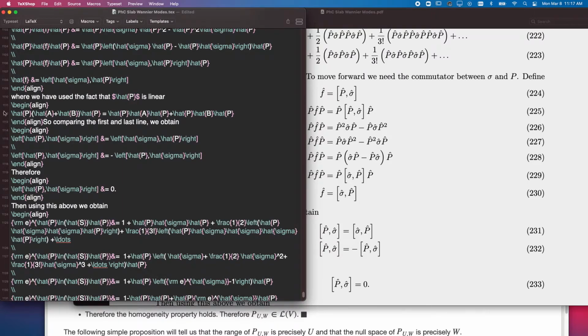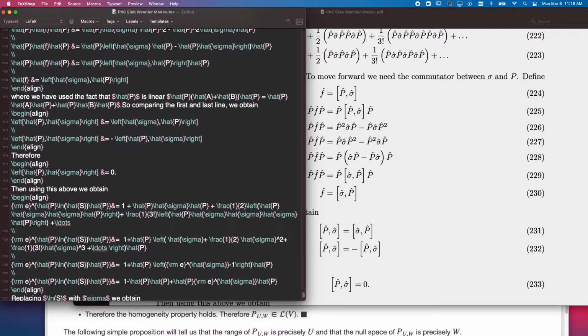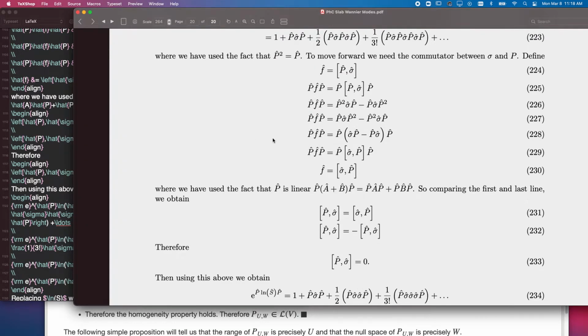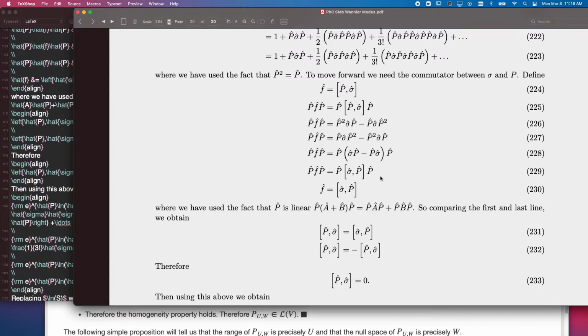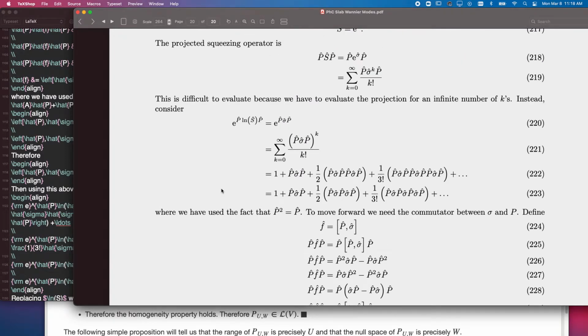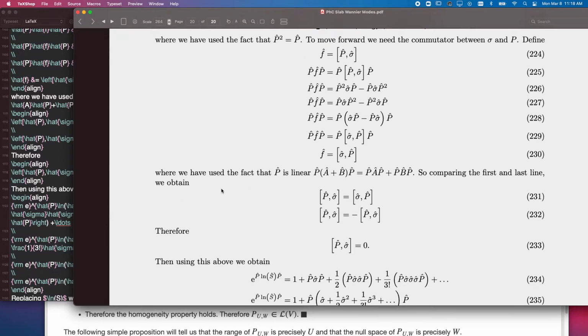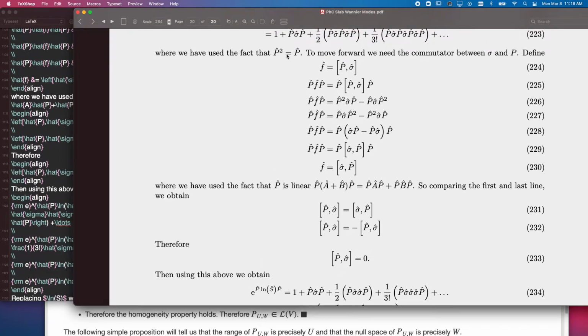Where we have used the fact that P is linear.